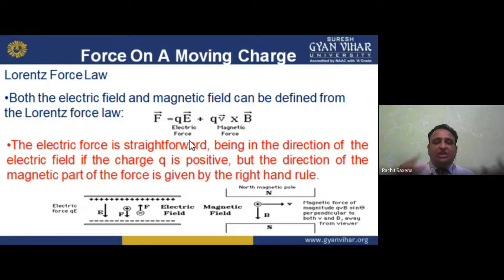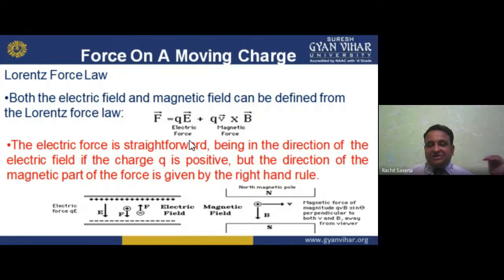Here we have qE for the electrical, and they are vectors, plus qv cross B. Here q is your charge, v is the velocity, and B is your magnetic field density, or we can say magnetic field.